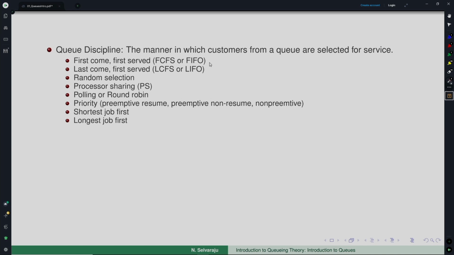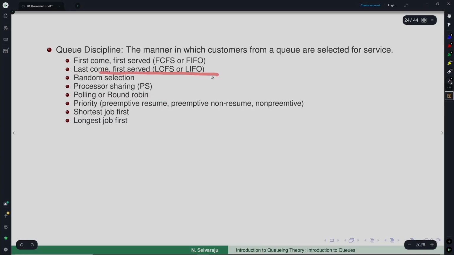But there could be other kinds of queue discipline depending upon the application that you are trying to analyze. The other one could be, for example, last come first served. Suppose it is inventory, for example, you are making some products and it does not matter which item you are picking up. So, when stocks are piled, probably the last one is what you would pick for further processing.